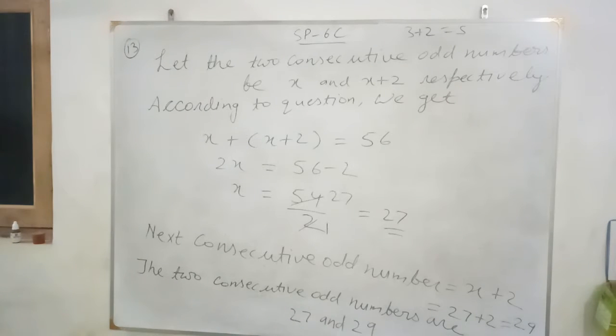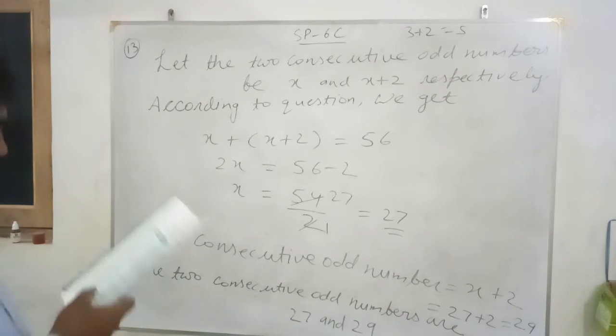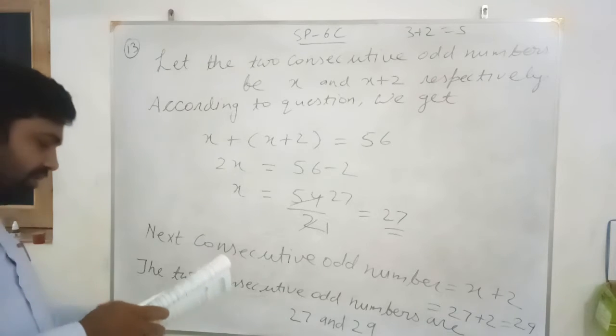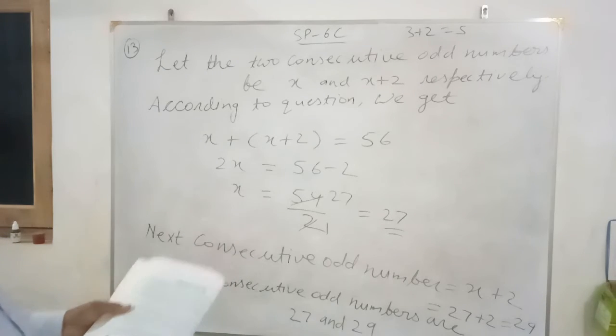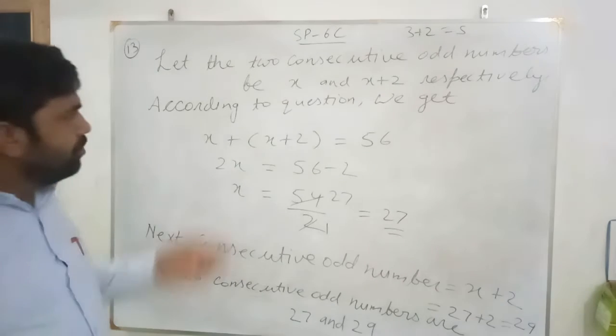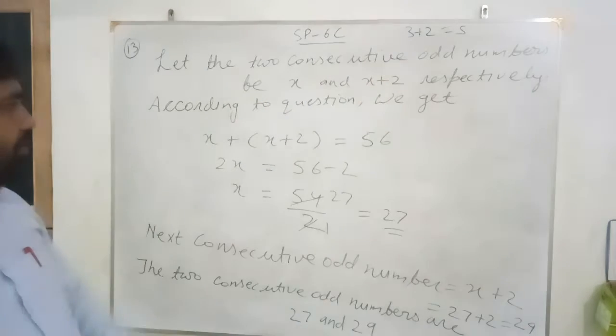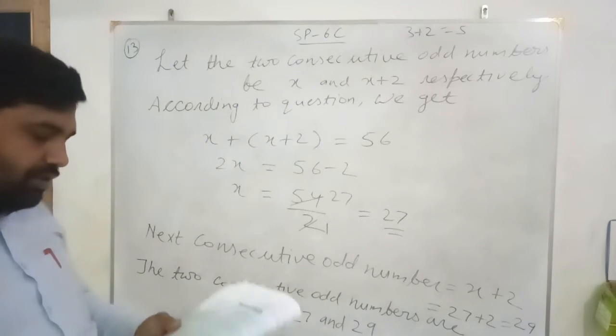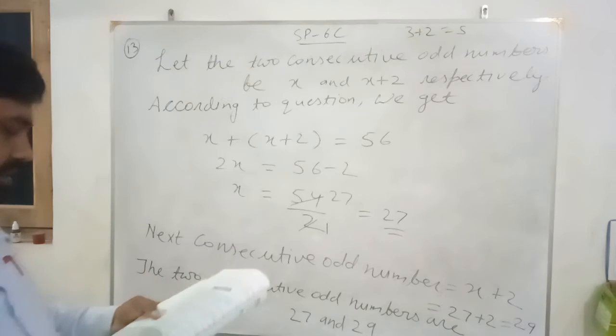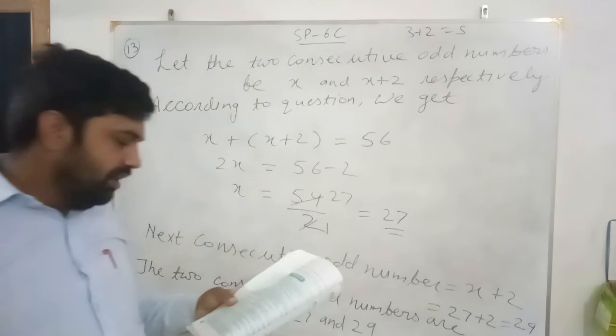Like this we have to do. Similarly, you can do question number 14. In this, two consecutive even numbers whose sum is 86. So in that you can say let the two consecutive even numbers be x and x plus 2 respectively. Now again according to the question, x plus x plus 2 is equal to 86. Now again you can find the value of x.